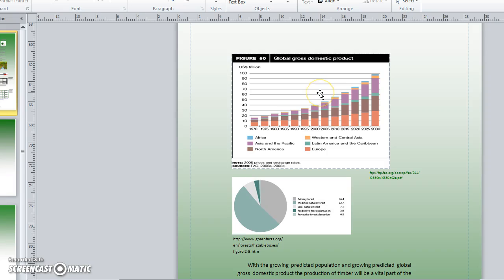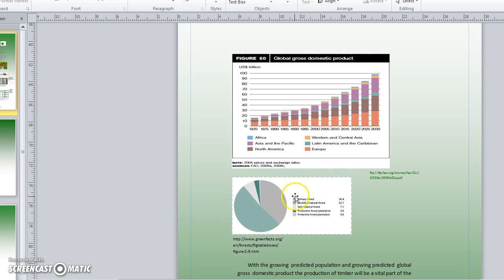So this big graph up here is showing global domestic product, and by the year 2030, it's predicting that we'll be at about 100 trillion US dollars for the entire world economy.